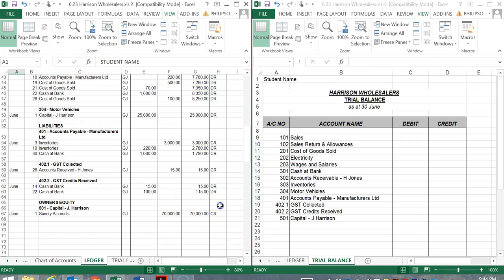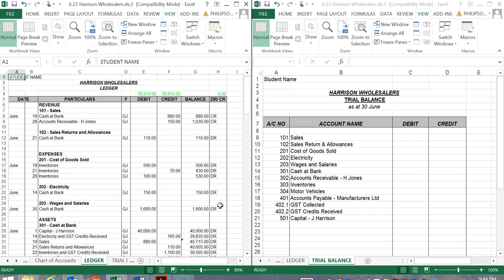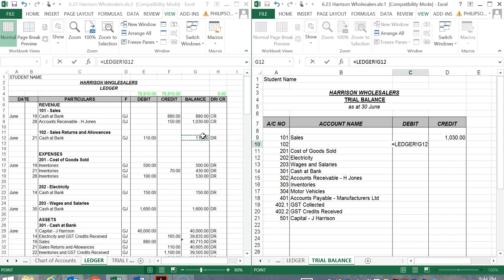Okay, so now that that's created, just need to go and pick up our closing balances for each one and put them into our trial balance. Okay, so we got equals. Okay, sales returns and allowances is a debit. Cost of goods sold is a debit.